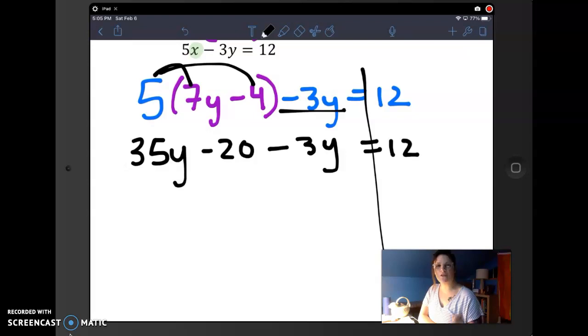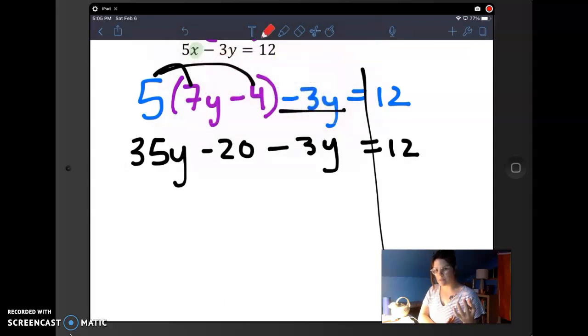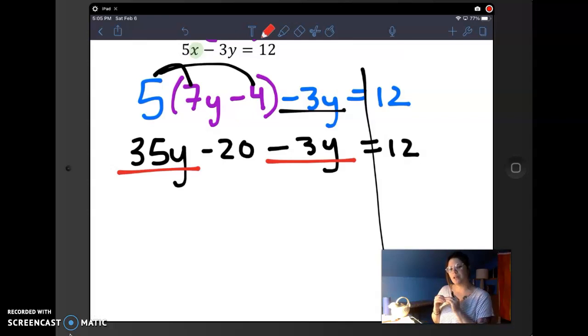And then over here on the right side of the equal sign, again, nothing has changed. All right, let's keep going. This one's maybe a little uncomfortable because we have 2 groups of y's here on the left-hand side, but they're separated by a group of 1's. So it's okay, we still need to combine our like terms if they're on the same side of the equal sign.